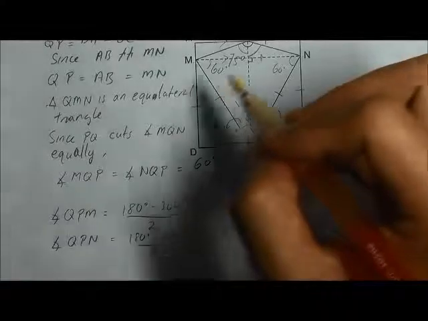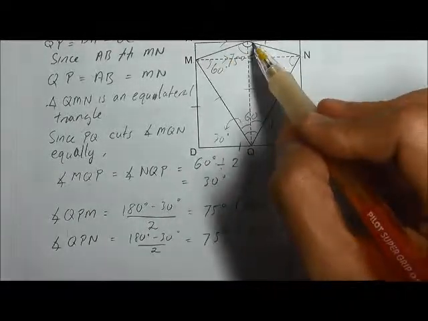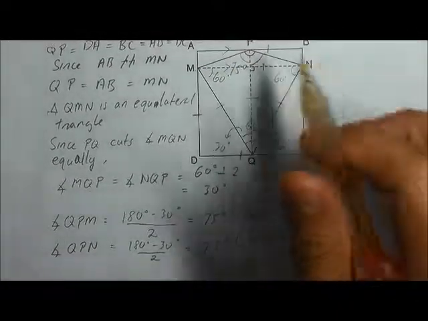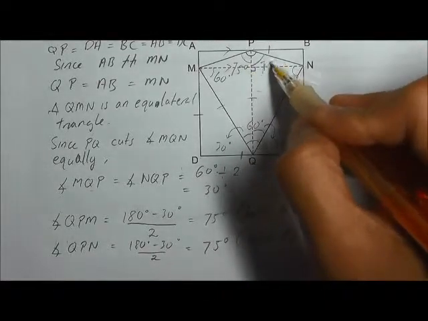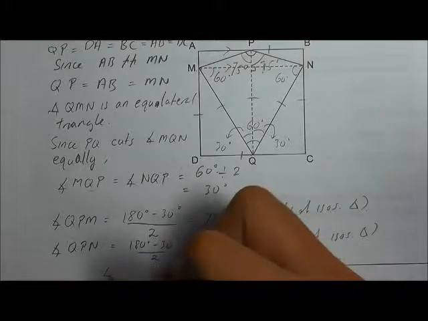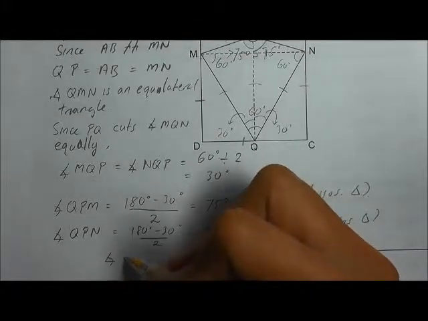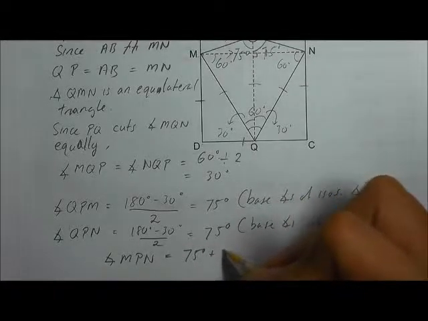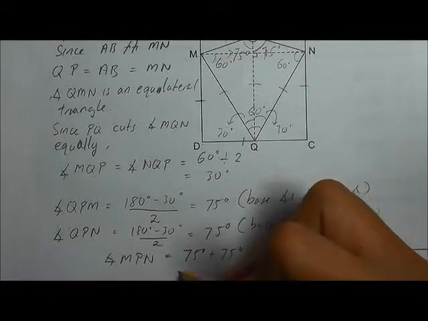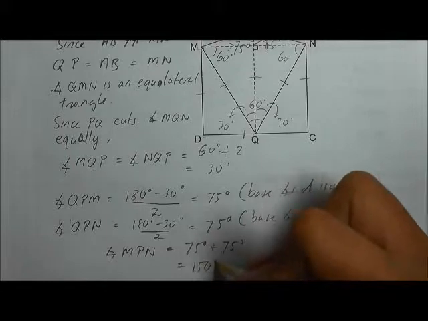Okay, so to find out what is angle MPN, we just need to add these two angles together, which is 75 plus 75. So angle MPN is just equal to 75 degrees plus 75 degrees. We will get 150 degrees.